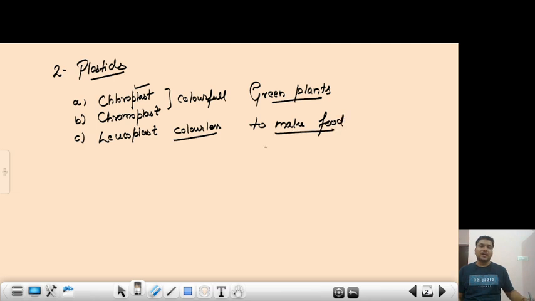That is, it helps in the process of photosynthesis. So, this is the second difference between a plant cell and an animal cell. The first one was the presence of a cell wall in the case of a plant cell, and the second one is the presence of plastids. Another important difference between a plant cell and an animal cell is the presence of vacuole.